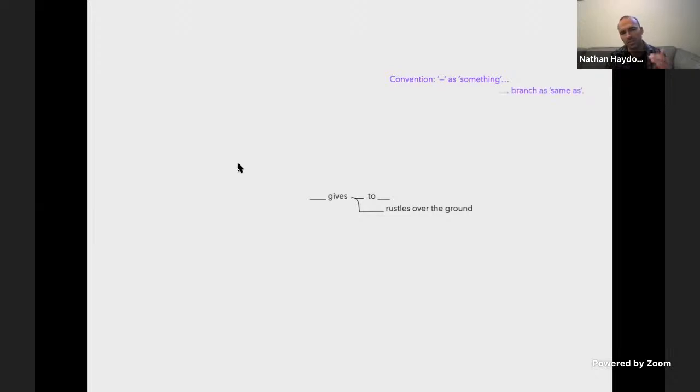And Peirce notices that this branching of a line asserts, just like a regular line, continuity of identity. So it's an identity relation. This branch means the same as. And this leads to this expression, if I didn't already say it, that Peirce called these lines of identity.